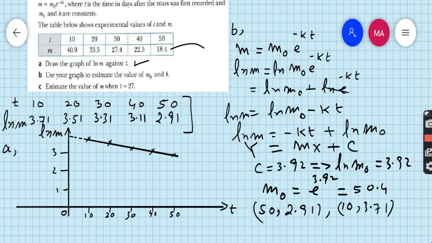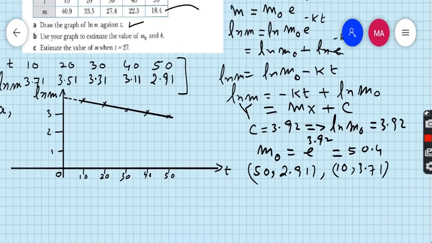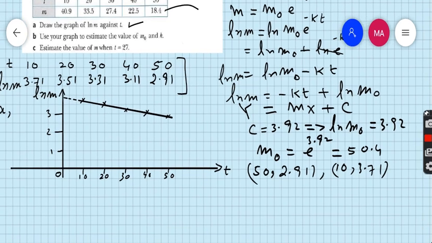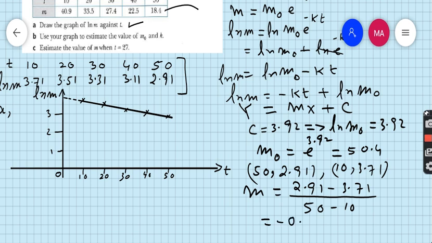So our value of m is y2 minus y1 upon x2 minus x1. 2.91 minus 3.71 is minus 0.8, and 50 minus 10 is 40.